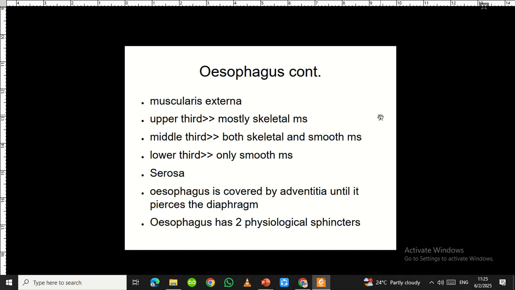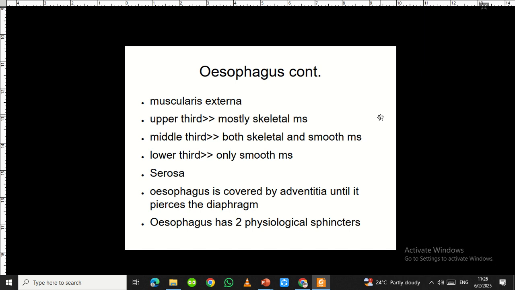So if you are going to have a histological slide of the upper part of the esophagus, you're actually going to see the structures of the skeletal muscle, the striations, right? The multinucleated myofibers and so forth. And then the middle third is going to have both the skeletal and the smooth muscle. The lower third only has smooth muscle.